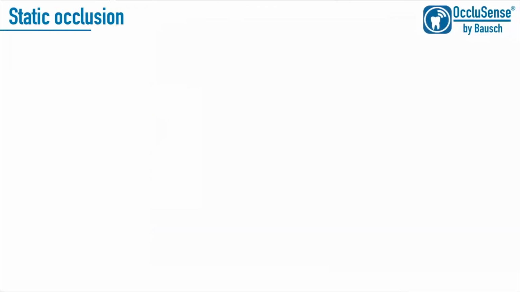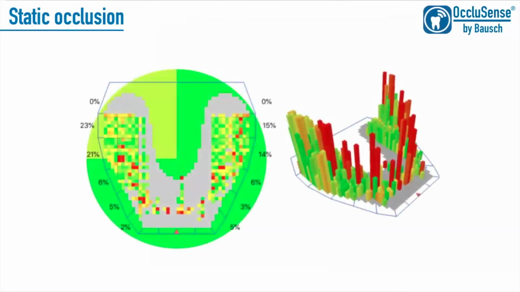So if we now take this example of static occlusion of OccluSense and try and analyze this ourselves, we can see in the two-dimensional view on the left-hand side, there are no red contacts in the right molar region. So we could think, right, there's no high pressure there.